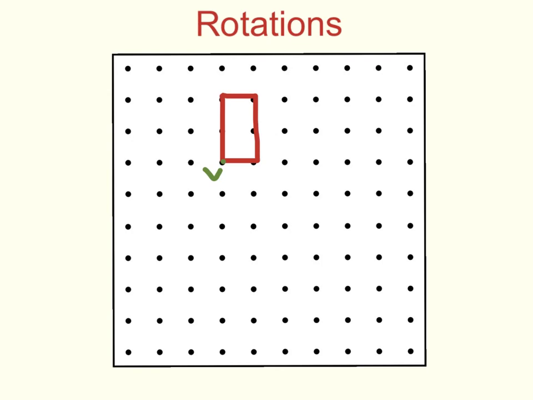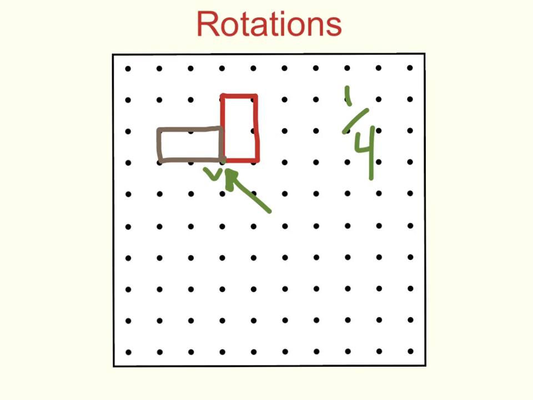You're going to put your pencil right on the vertex so that it doesn't move, and then turn the shape however much you need to. So let's say you had to turn this shape a quarter turn counterclockwise. Well, then it would end up looking like this.